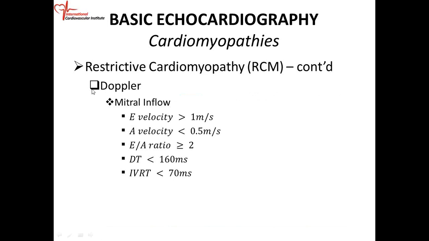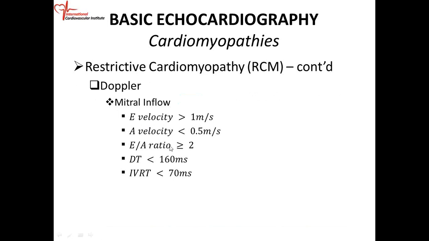Okay. So when you do your Doppler evaluation of the mitral inflow, you can get a pseudo-normal pattern. Your E velocity is a lot of times greater than 1, A velocity less than 0.5. If they have restrictive physiology, then the E to A ratio will be greater than or equal to 2.